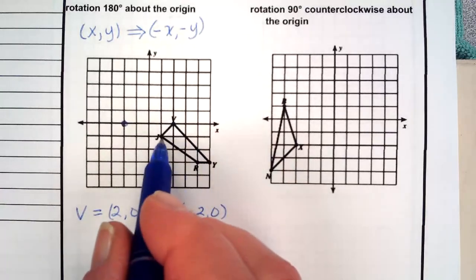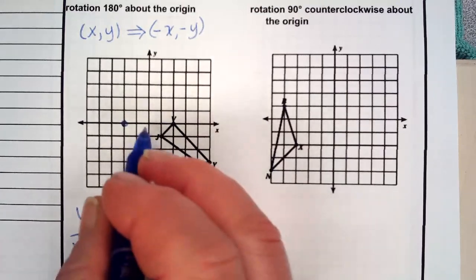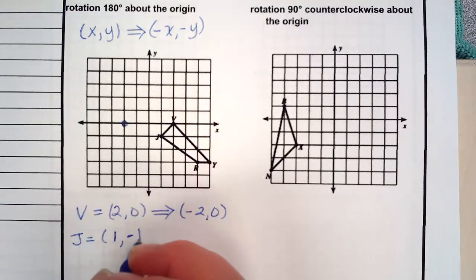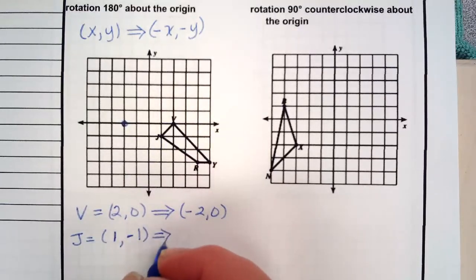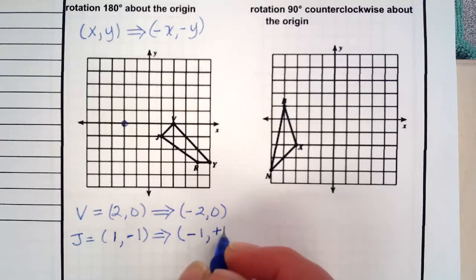Next, J. My original J is 1, -1. I create the opposites. This becomes -1, +1.